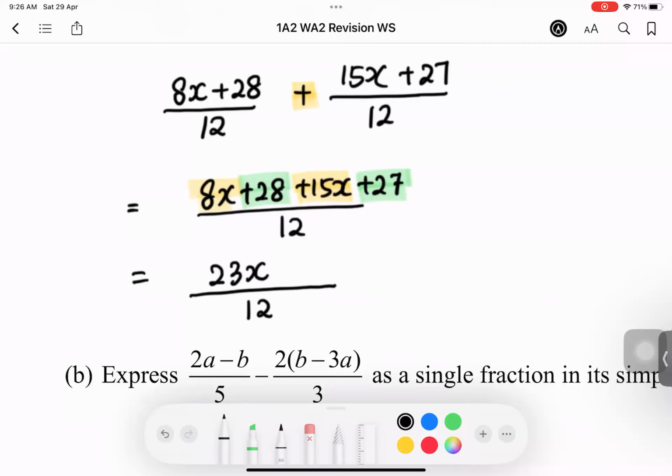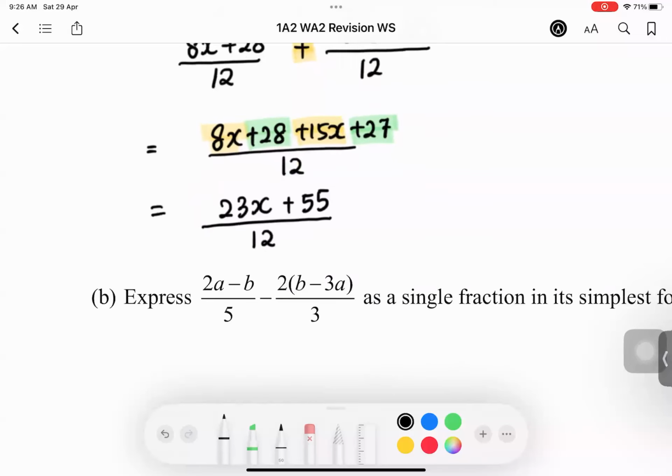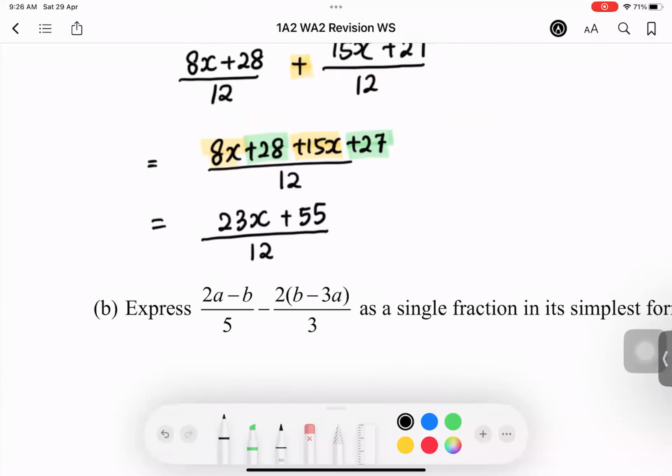Then the number side at the back, the second one. 55. Correct. Are you all able to understand this? Should be okay, right? This question is still okay.